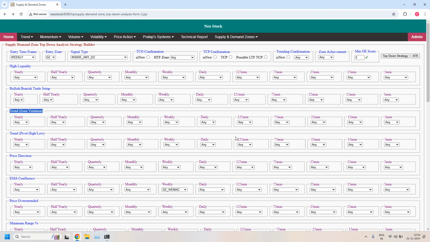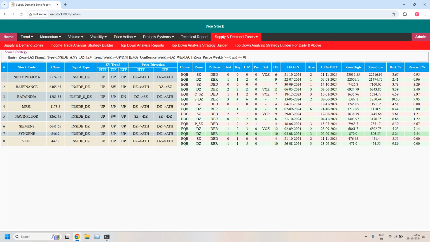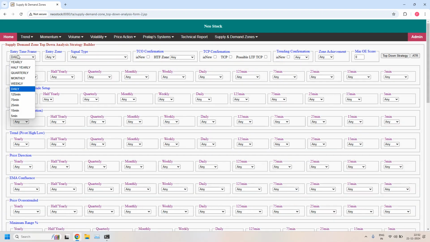So in the trend, zone violation trend at weekly time frame, I'm selecting up or down trend, not sideways. So 8 stocks. For uptrend stocks you can plan bullish trade setup. For downtrend stocks you can plan counter trend trade setups, because these are demand zones. Okay, next weekly time frame.